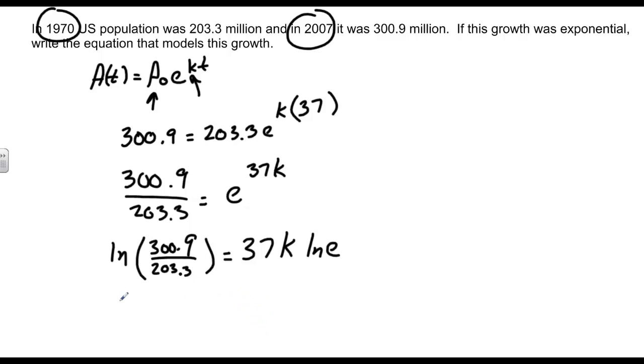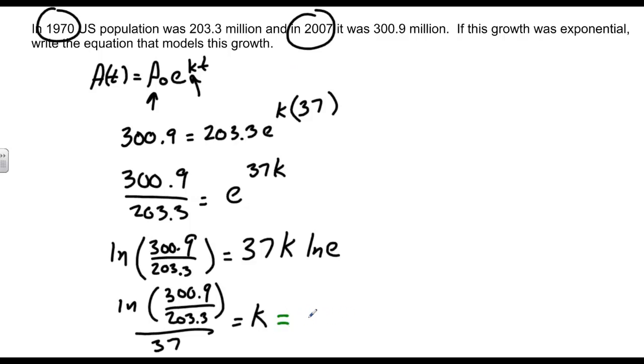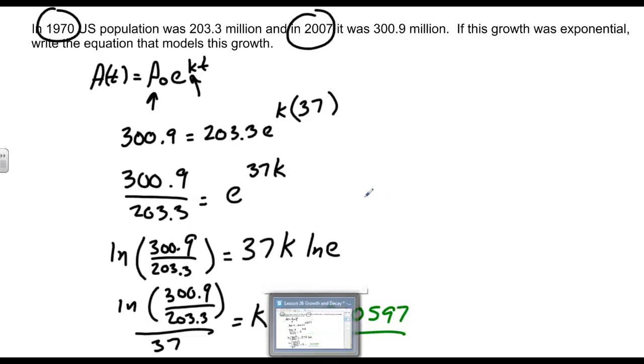Therefore, the natural log of 300.9 over 203.3, over 37, is equal to k. So we pop that in our calculator and get a value. In this case, k is equivalent to 0.010597.